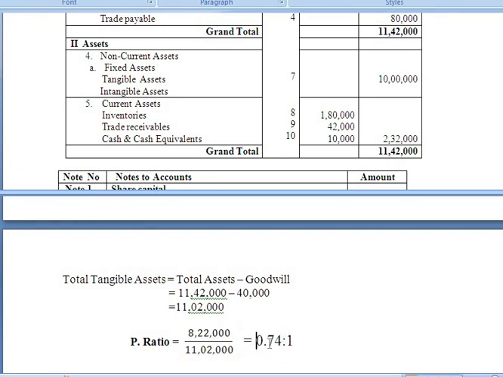The proprietary ratio. Okay, proprietary ratio is 0.74:1.